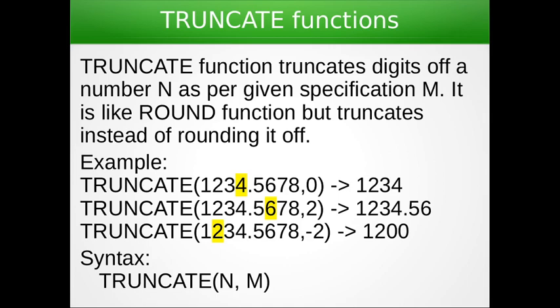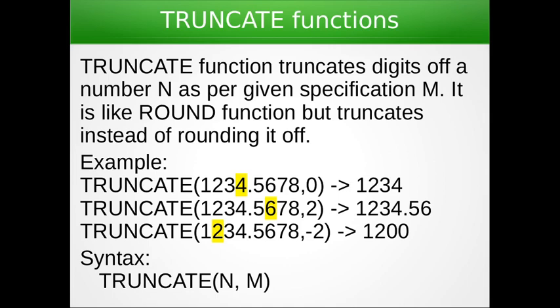It simply deletes the digits after this. You can see the highlighted digit here, that is 4. Now the next two examples, the second number in the first is plus 2 and in the next one it is minus 2.